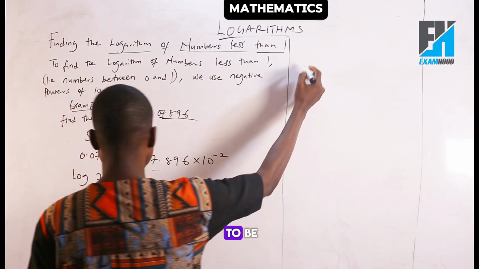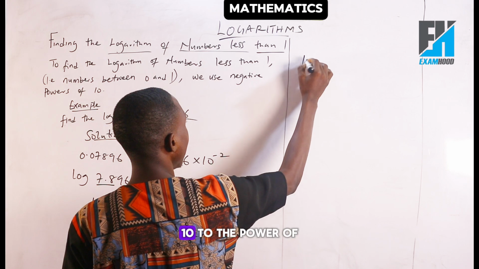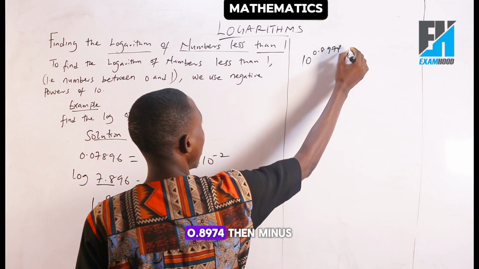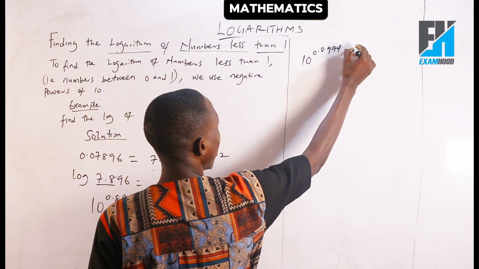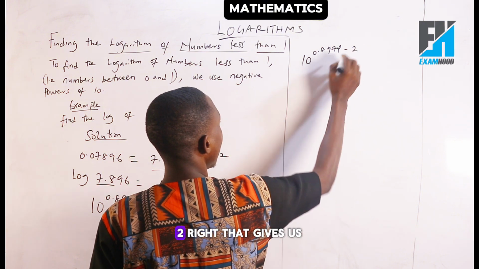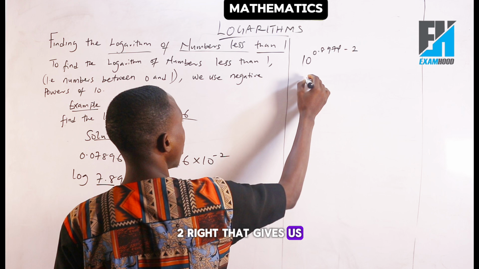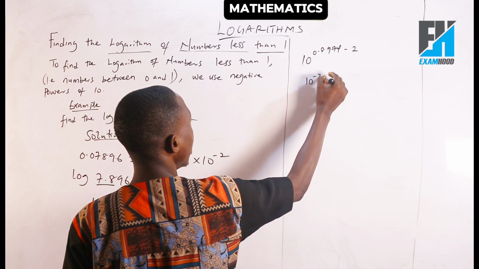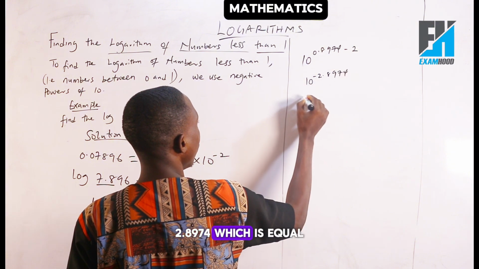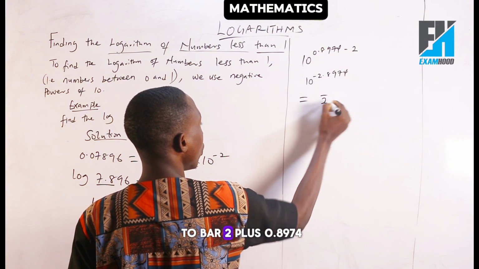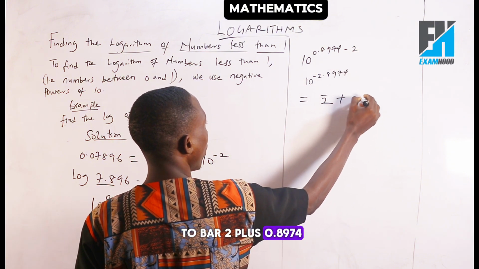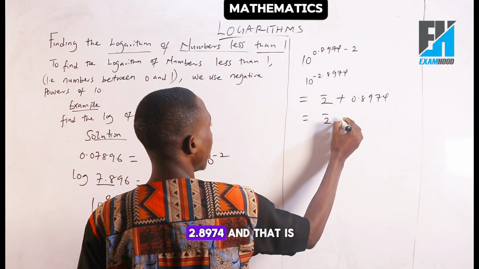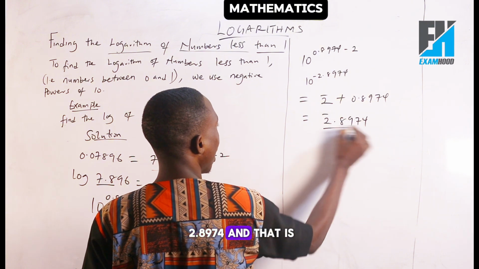So we have this to be 10 to the power of 0.8974, then minus 2, right? That gives us 10 to the power of minus 2.8974, which is equal to bar 2 plus 0.8974, or you say bar 2.8974, and that is the answer.